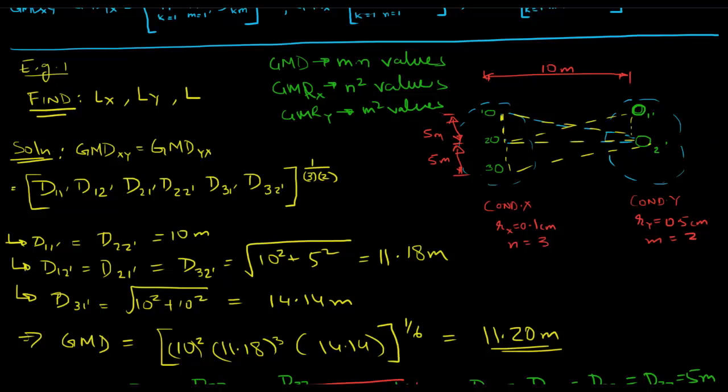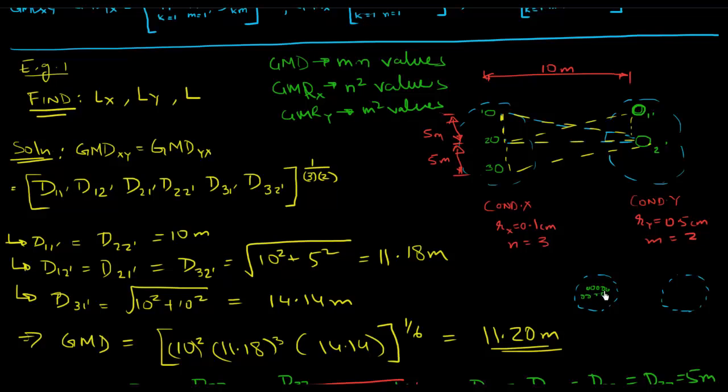What's more realistic is that you're going to have two conductors, let's say conductor X and conductor Y, and then the strands in here are going to be packed up. That's more of a realistic conductor, right?